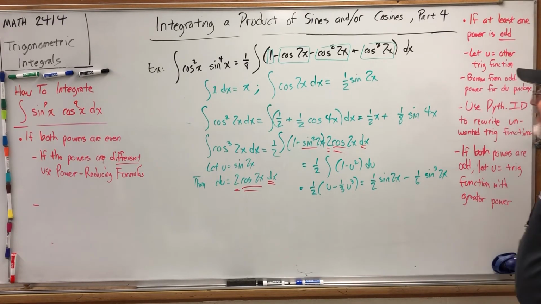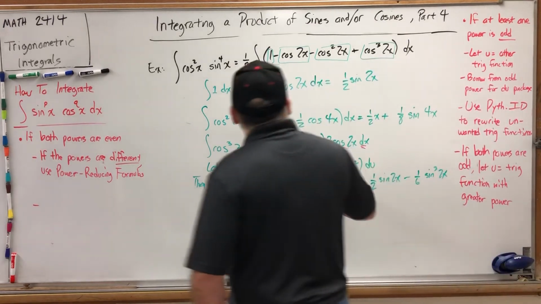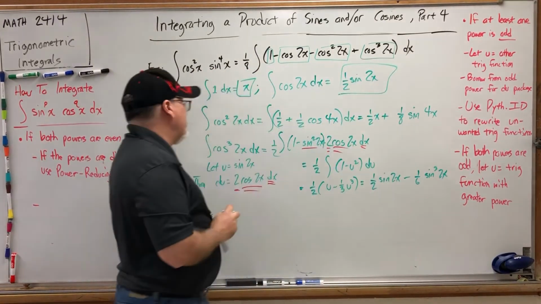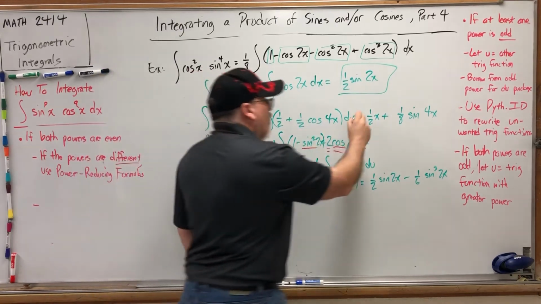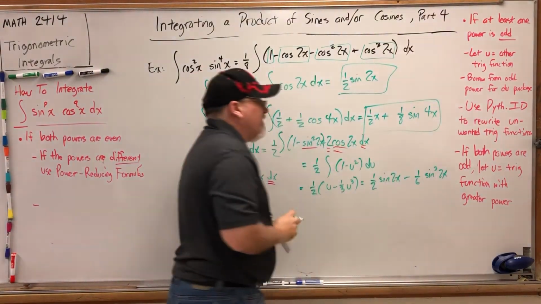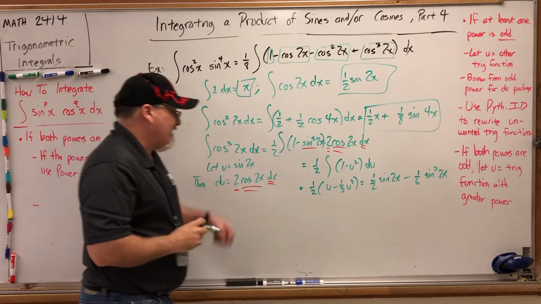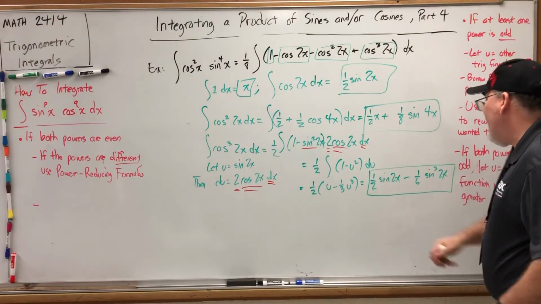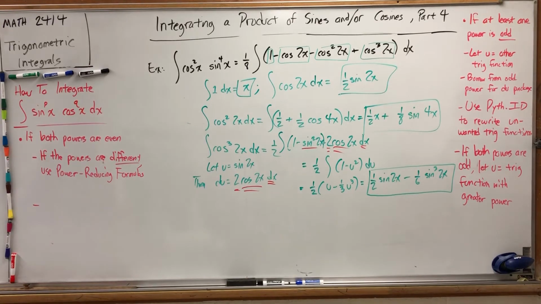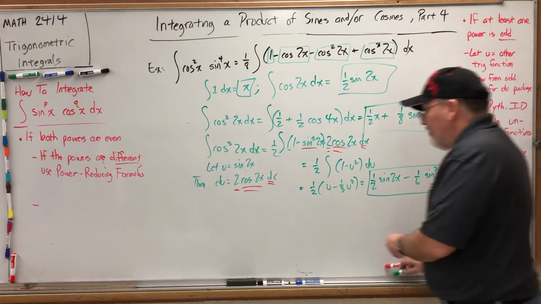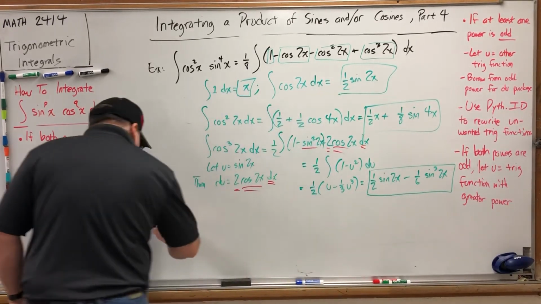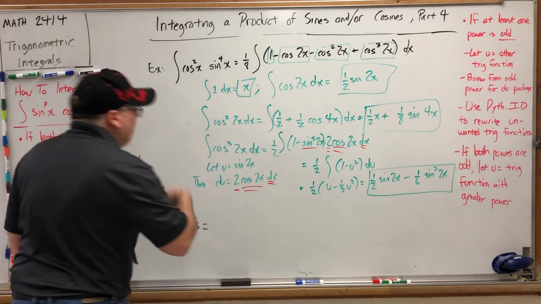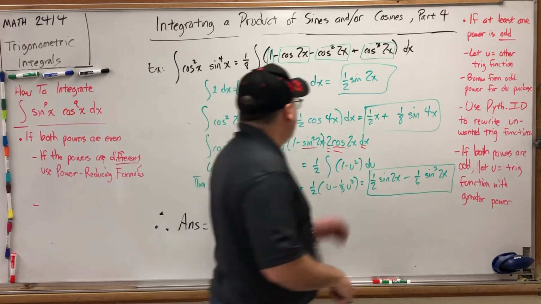And now that we've got the answers to all 4 individual integrals, x, 1/2 sine 2x, 1/2 x plus 1/8 sine 4x, and then this last one, which took a little bit more work, 1/2 sine 2x minus 1/6 sine cubed 2x. Now we can string them all together. Therefore, our answer is equal to the sum of all those plus c.